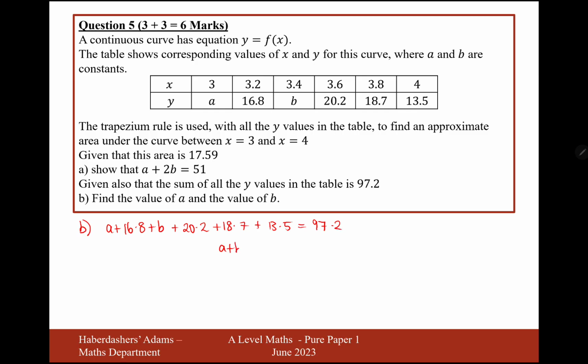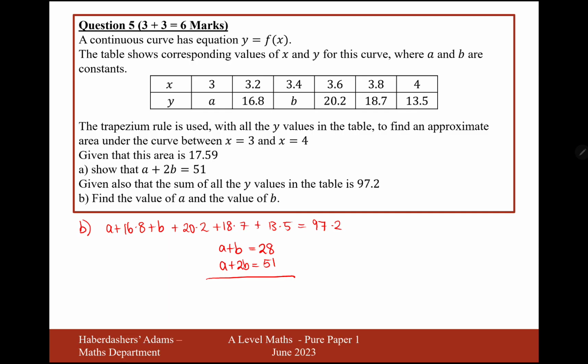So if we now move all of the values that aren't a and b onto the other side, on the calculator then, 97.2, take away 16.8, take away 20.2, take away 18.7, take away 13.5, we get 28.